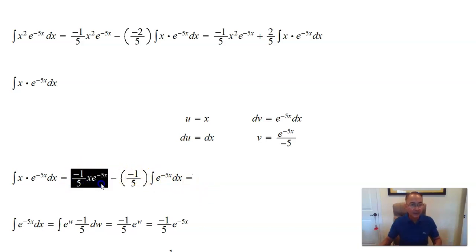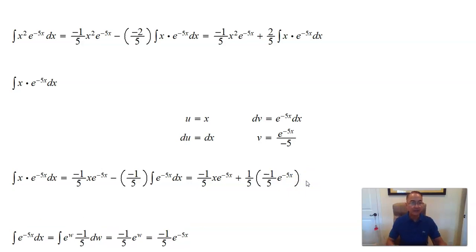We have minus 1/5 x e to the minus 5x minus minus, that becomes plus 1/5. And that is a 1/5, not a 2/5. But we said that the integral of e to the minus 5x dx is this, minus 1/5 e to the minus 5x. So let's copy this. Okay, fractions, negative signs, those are always dangerous.